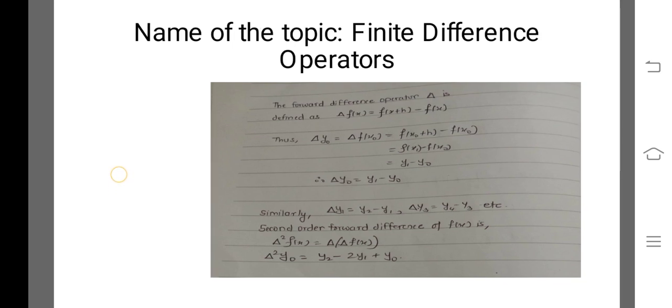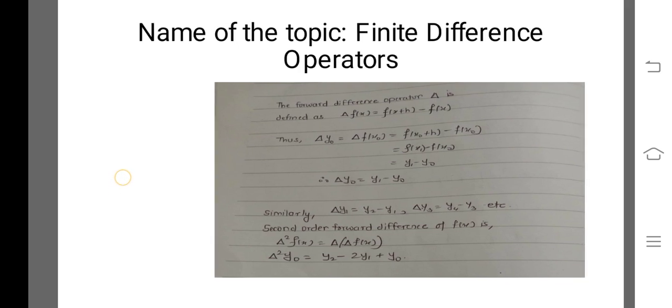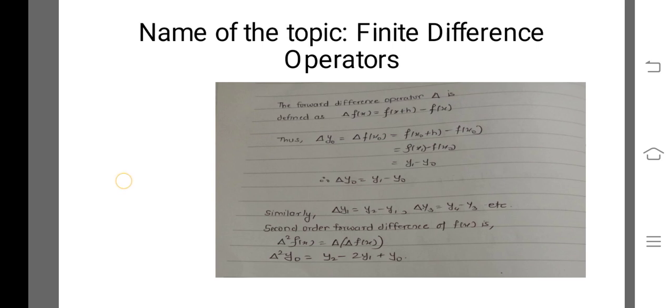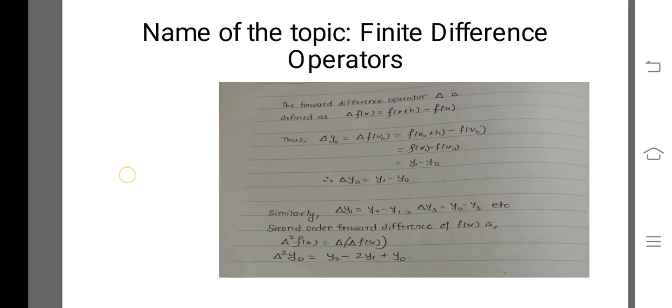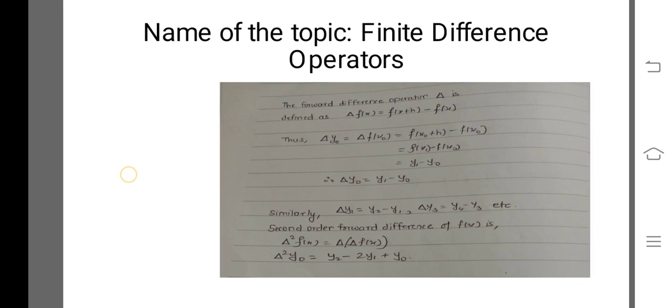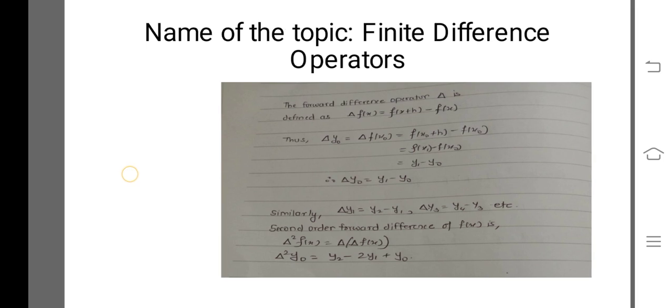The forward difference operator delta is defined as delta of f(x) equal to f(x plus h) minus f(x). Let us define delta y0. y0 is f of x0, so delta y0 is delta of f of x0.